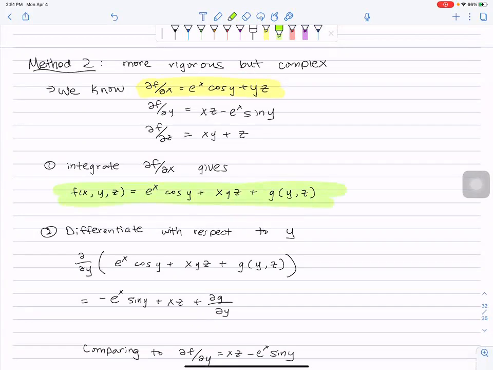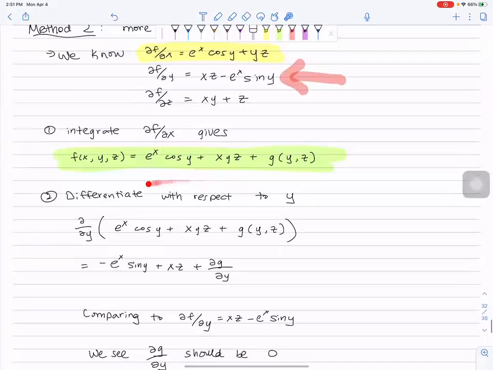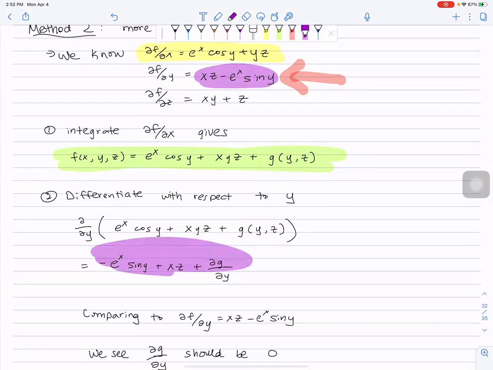Then we differentiate it with respect to y and see how it compares to what we already know about y. If we differentiate it, we would get negative e to the x sine y plus xz plus the partial of this with respect to y. So let's compare this purple and the purple.